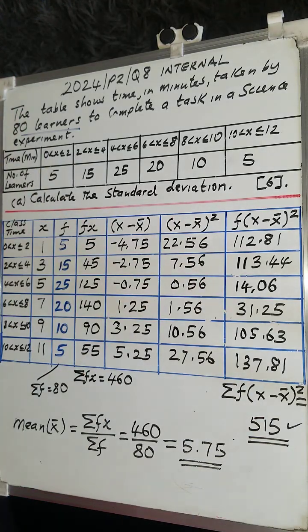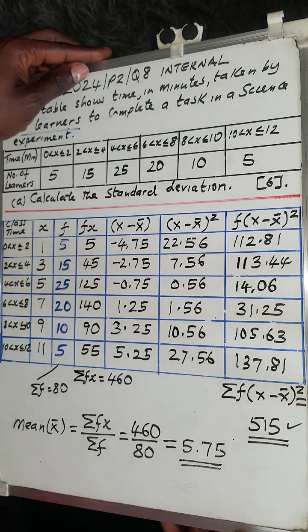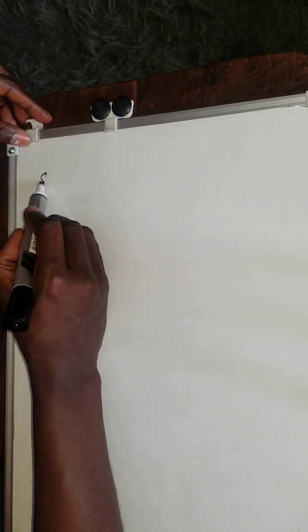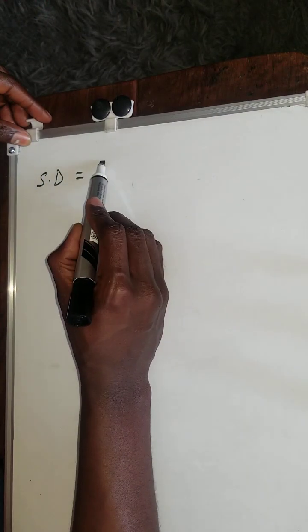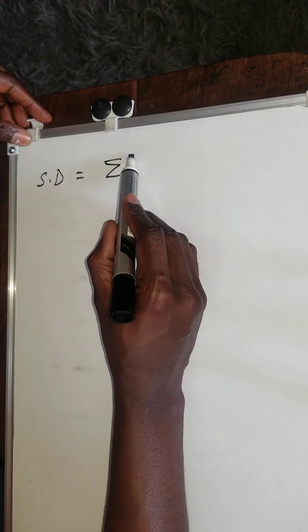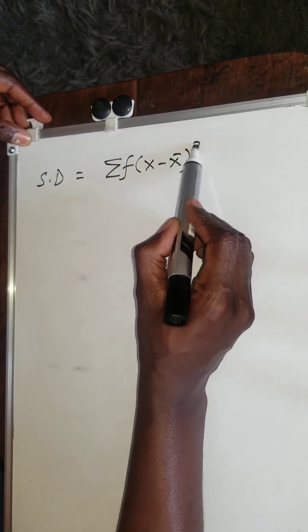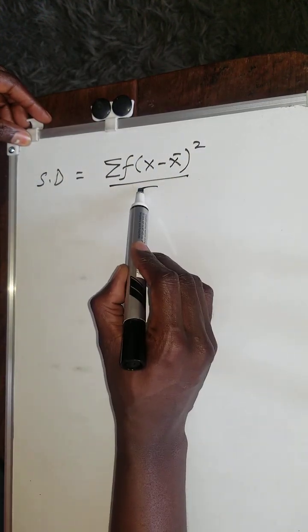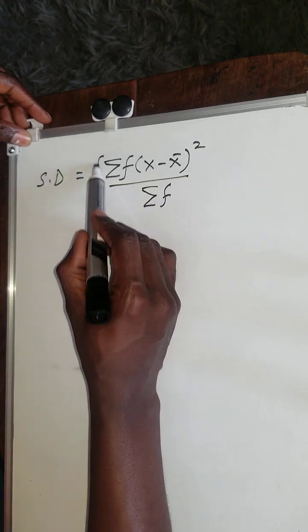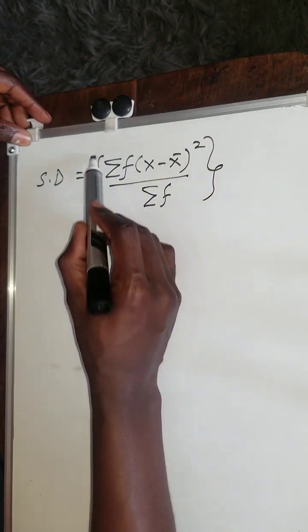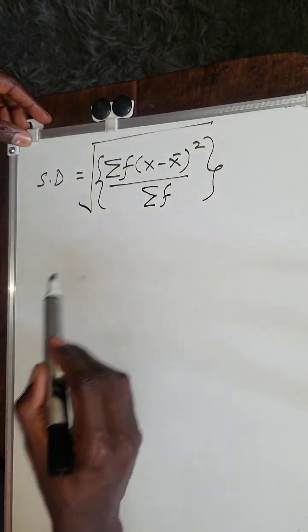So once you get that value, you can now apply the formula. Remember the formula for that table that we have used: the standard deviation is the summation of the frequency multiplied by the deviation from the mean squared, divided by the summation of the frequency. We introduce the square root of that.